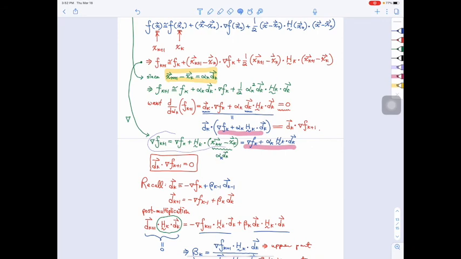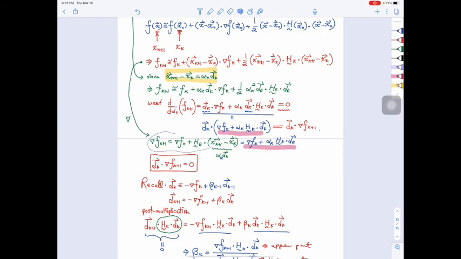Just directly plug in. So now this can then be negative gradient f_k plus beta_{k-1} d_{k-1}.